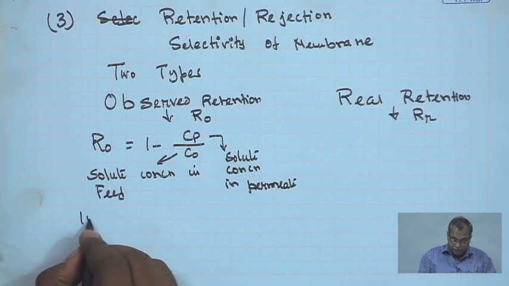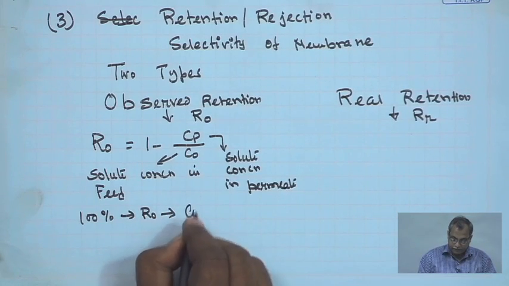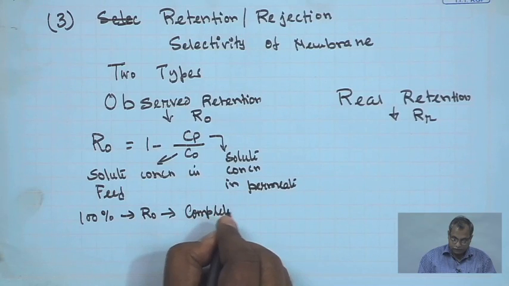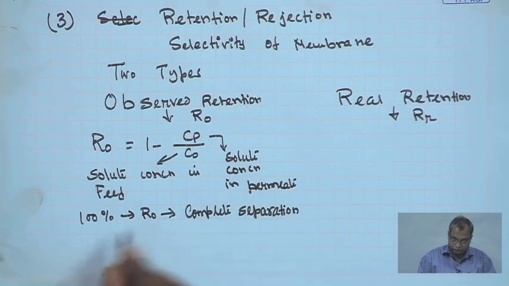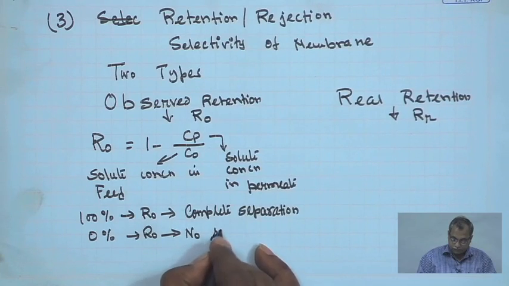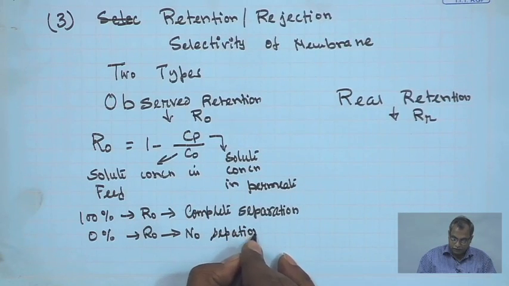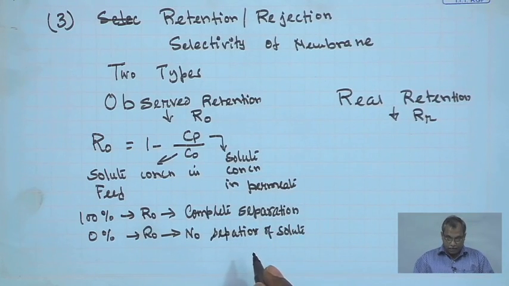So, 100% R naught indicates complete separation, and 0% R naught indicates no separation of solute. Therefore, the extent of solute separation can be directly obtained from the observed retention, and it is a measurable quantity.